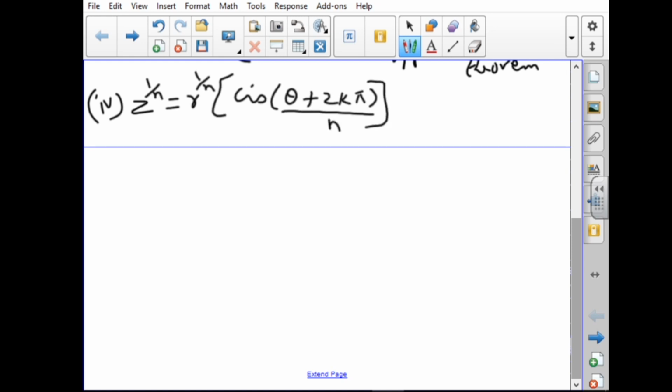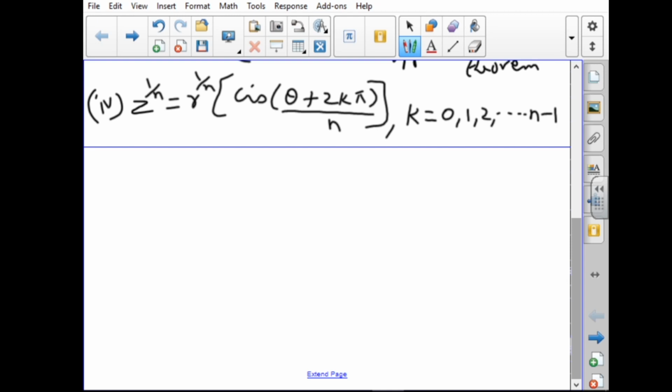Here take values for k, that is k equal to 0, 1, 2, etc. up to n minus 1, because we are starting with 0, it ends with n minus 1. So when we give these n values for k, we get n roots of the complex number.